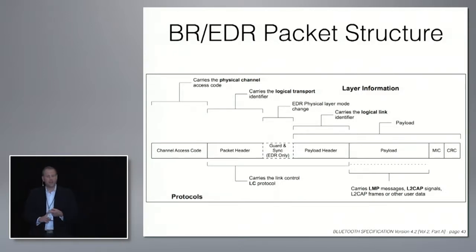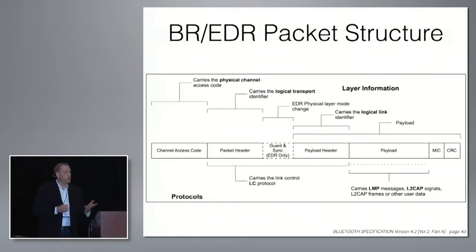Additionally, you have things in there for the type of packet, flow control, sequencing, acknowledgements, and header error correction. If Bluetooth is supporting encryption, you'll have a MIC at the end of that payload to ensure that the MIC checks out. And when you do enable Bluetooth encryption, the specification calls for AES-CCM.